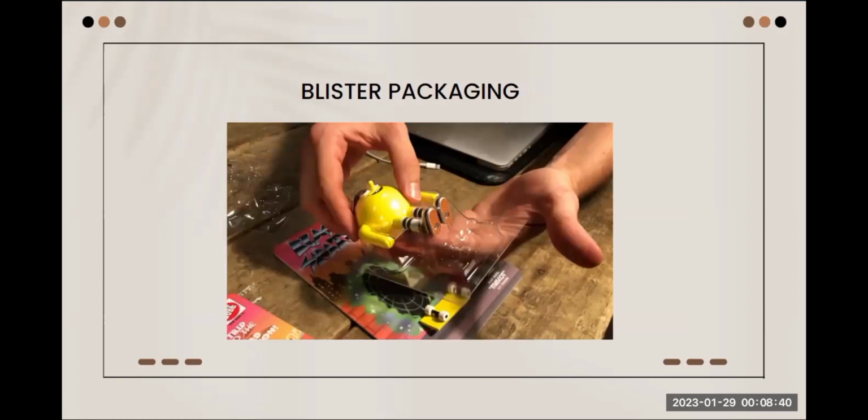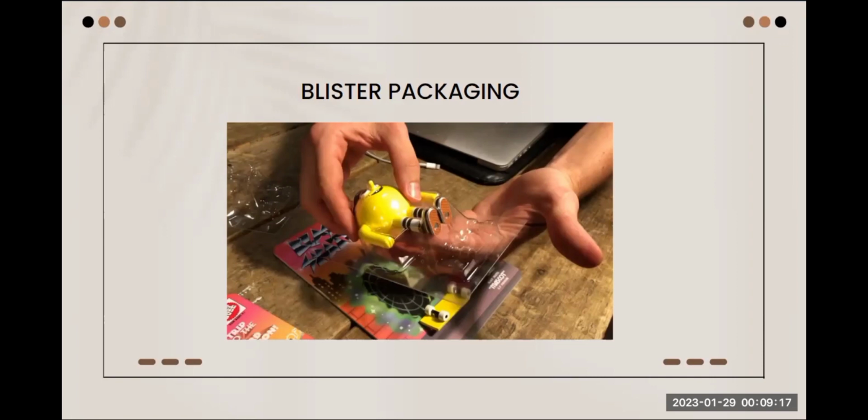Blister packaging. It is a type of packaging produced by heating a sheet of plastic and molding it into shape to form a bubble or a packet. Itong klase naman po ng packaging, ito po yung ginagamitan ng plastic wrapper na inapplyan ng heat, nagkakaroon po ng shape yung product mismo.